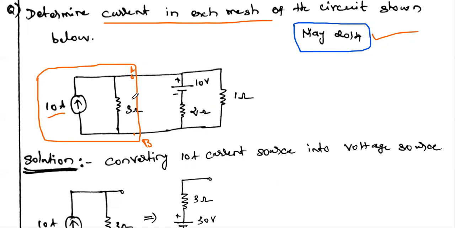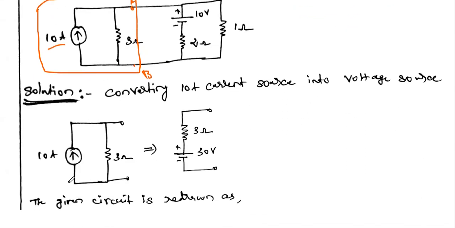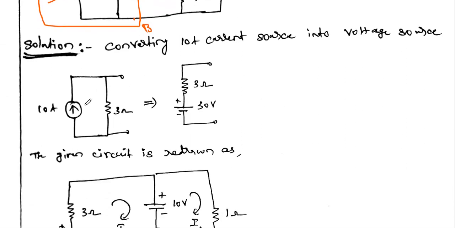Okay, so already we studied the source transformation technique in the previous videos, and we solved some problems also. According to the source transformation technique, any current source I in parallel with the resistance R, we can convert into the equivalent voltage source V in series with the same resistance.